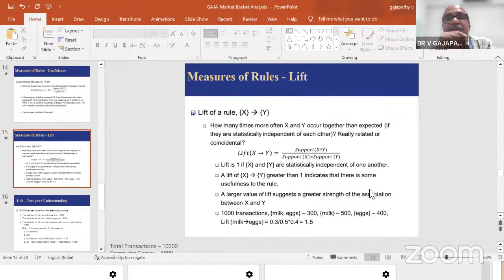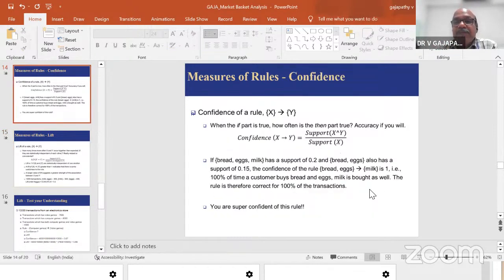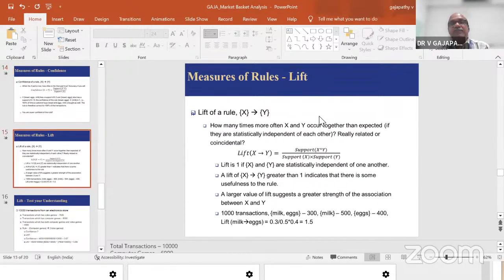Lift of your rule, X implies Y. How many times more often do X and Y occur together than expected? That is why it is a ratio between observed and expected, if they are statistically independent of each other.